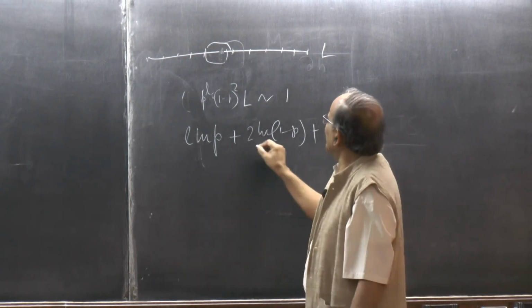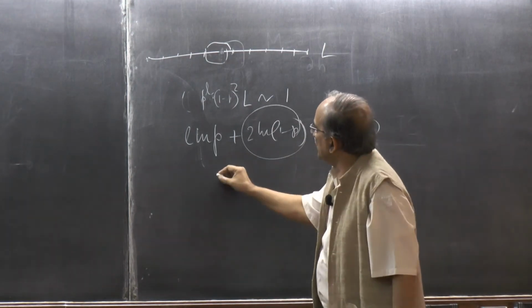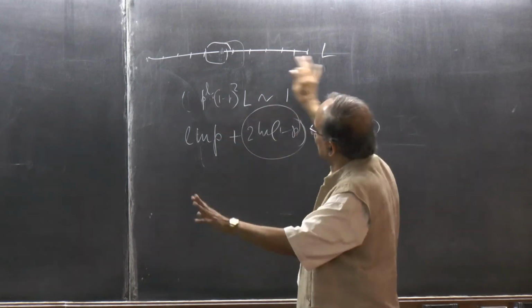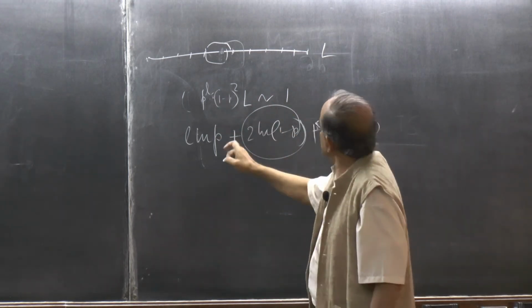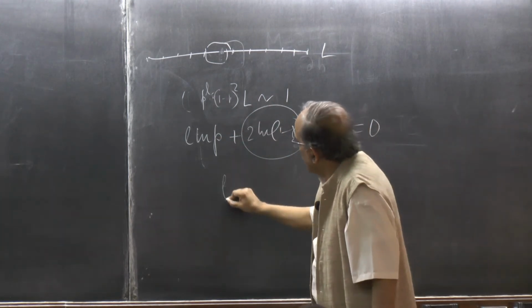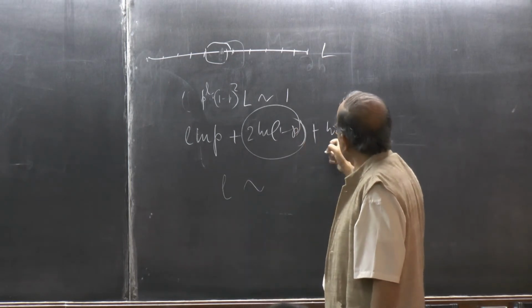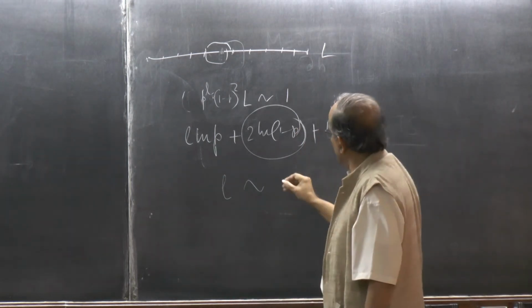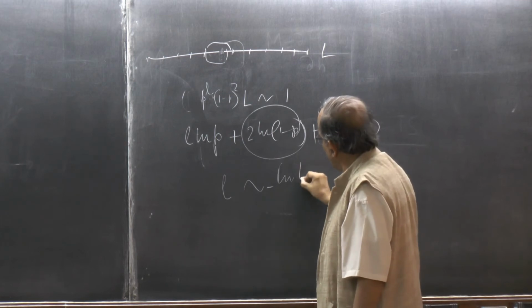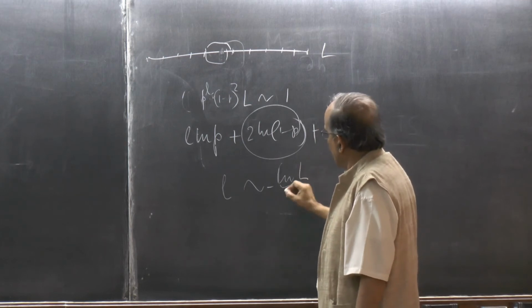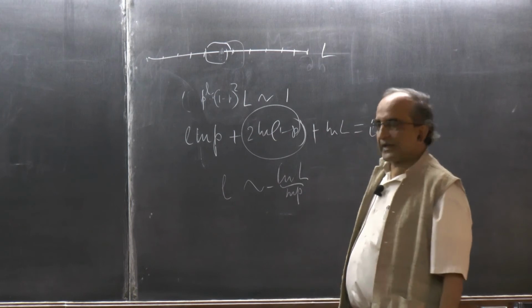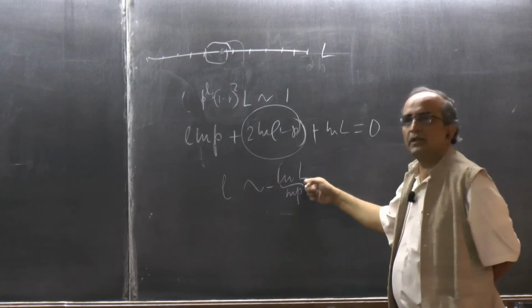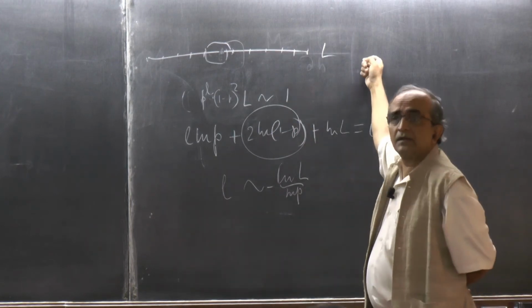Okay, so forget about this term. This is not very important because this is somehow constant for this system. As I am increasing L, it goes as, and log p is negative, so minus of log L divided by log p. But log p is negative, so it is actually a positive thing. It grows with log of L, the sample size.